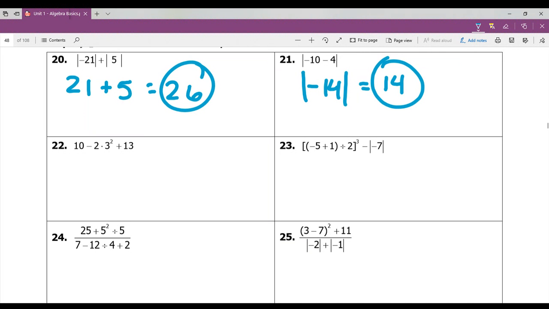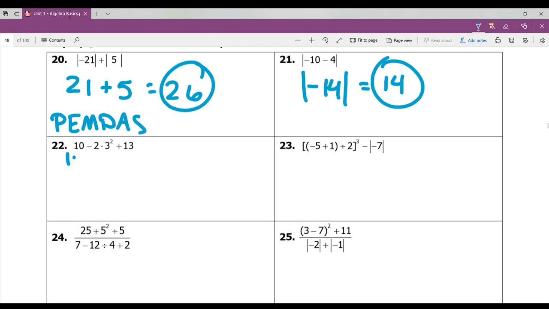Now, order of operations means I have to follow PEMDAS. Do I have any parentheses or grouping symbols on number 22? No, I don't. So I go straight to the E, exponents. I see an exponent, 3 squared.